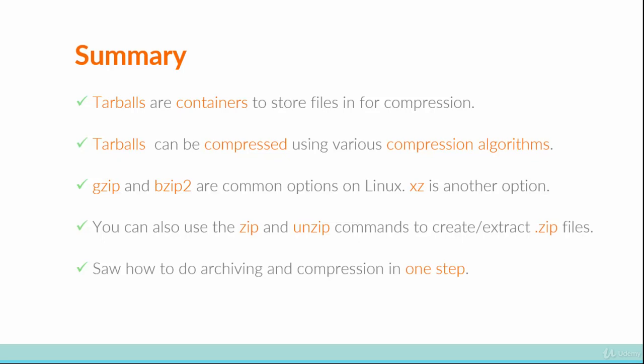Okay, so all in all, you can now create your own archives and backups using the Linux command line, which is super awesome, because this section is all about learning how to use files. Now, when you've created your files, you've edited them, copied and pasted them, moved them, you've done whatever you want with them, you can also create your own backups and save for later in a space efficient way.